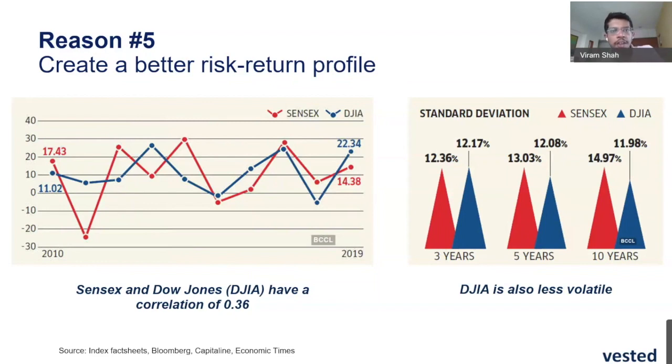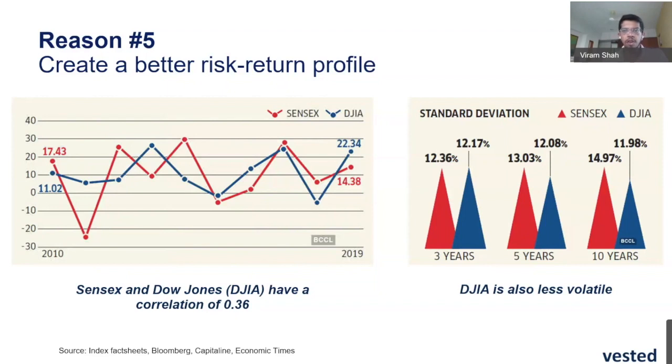So here, what we've seen is that over the past almost 10 years, the correlation, which is a measure of how two markets move in tandem with each other, between the Sensex and the Dow is actually quite less. It's about 0.36, which means that you're actually improving your risk return profile by investing in the US market.